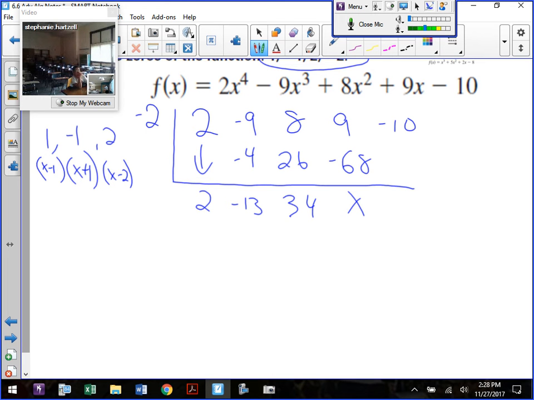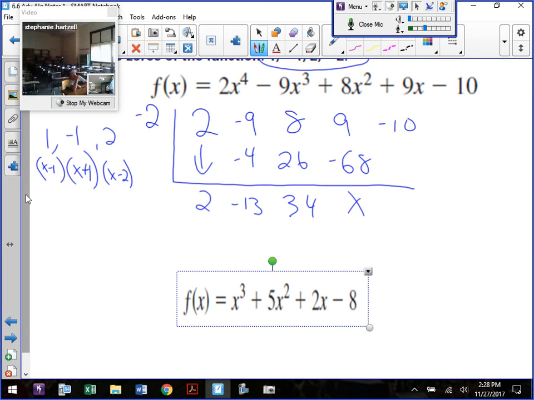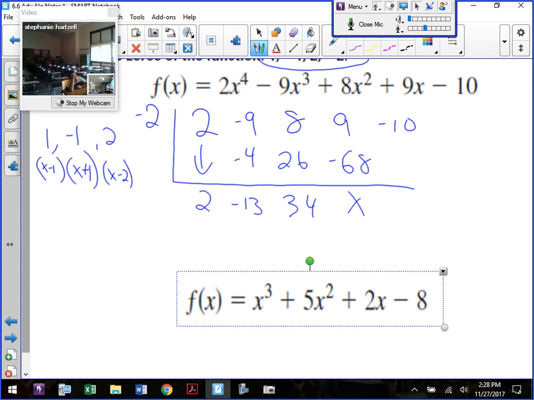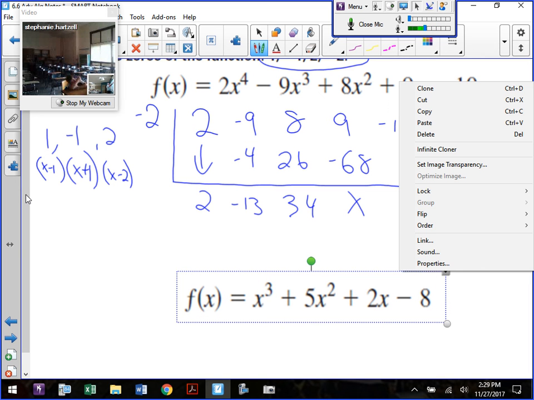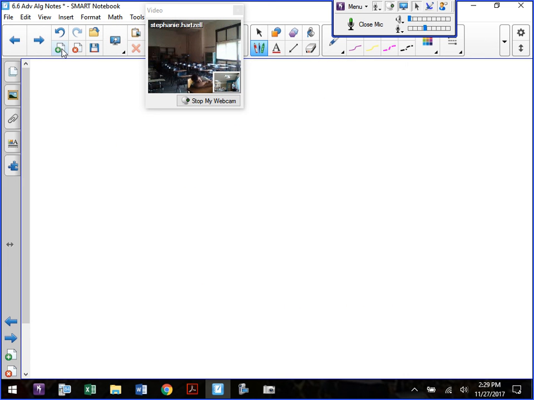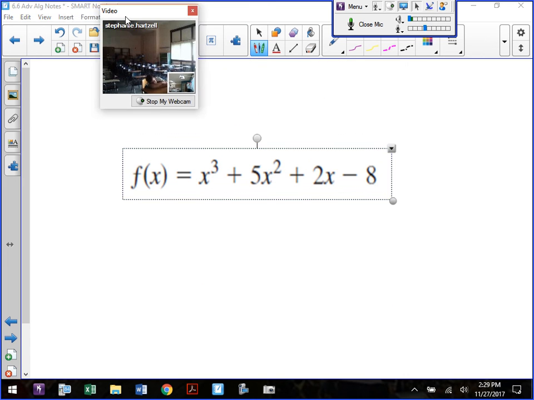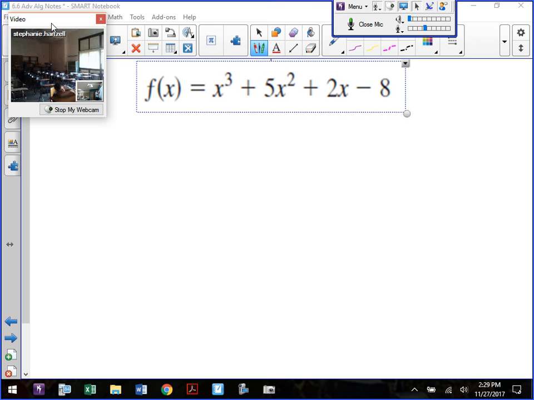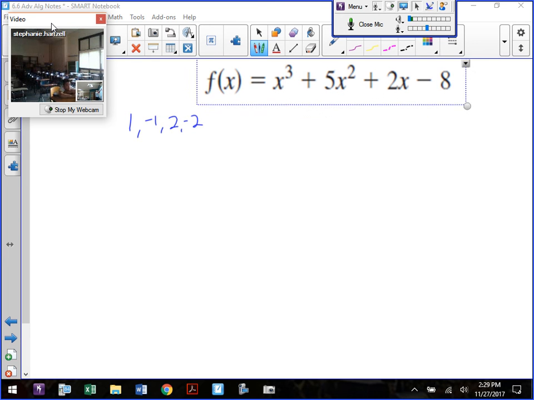It's totally up to you because if you keep dropping it down, let's see, we'll try the drop down one in the next one. Okay, we'll try that other method on this one here. So we'll do the same thing with plus and minus ones and stuff. So 1, negative 1, 2, negative 2.